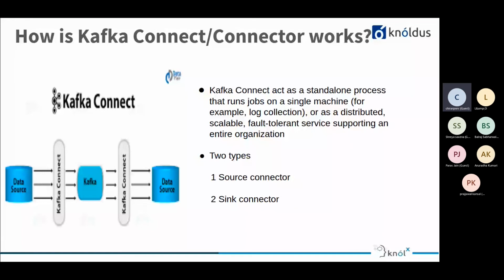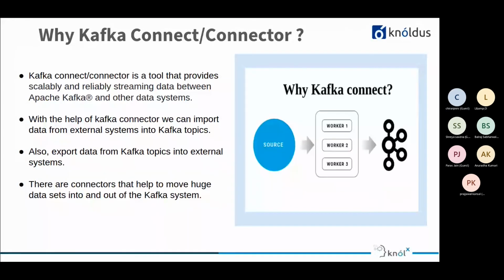Shreya, please move on the slide. Kafka Connect is a free, open source component of Apache Kafka that works as a centralized data hub for simple data integration between databases. The existence of Kafka Connect makes it easier for us to transfer huge sets of data and process them.